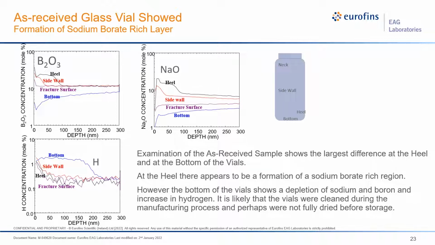But if you look at the heel portion, however, we see this high concentration of sodium borate forming, and the concentration is deviating from the bulk composition a lot. And over the years, the industry has discovered that this region of the vial is the most crucial part to form the delamination or the flakes into the glass.